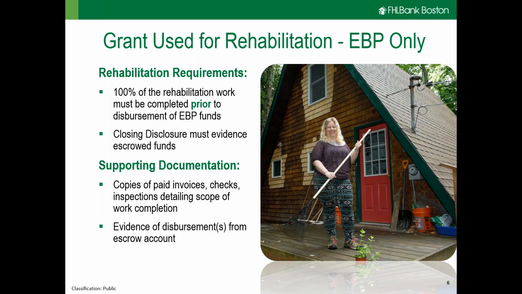If it is a homebuyer doing their own improvements, sometimes that might have a little bit of lag time and additional paperwork as opposed to a formal contract with a GC. And then evidence that your institution has been disbursing from that respective escrow account. So if you don't have all these elements, you aren't able to be reimbursed for the grant.